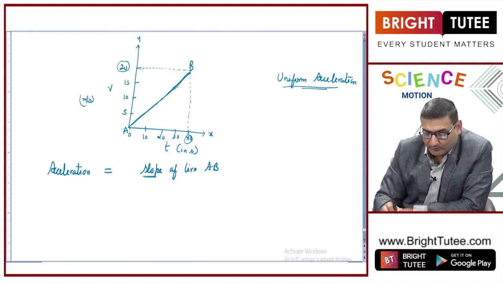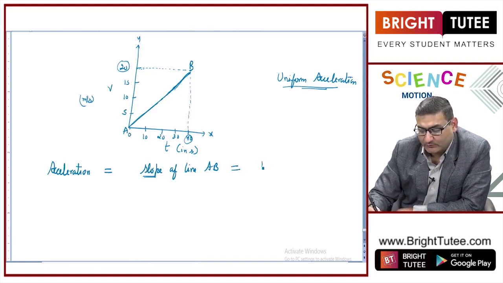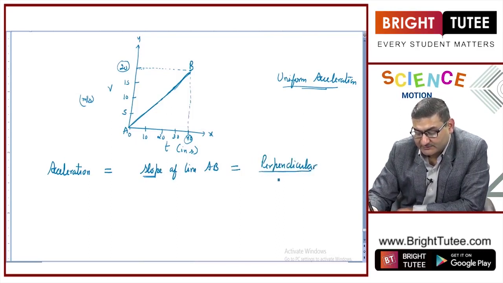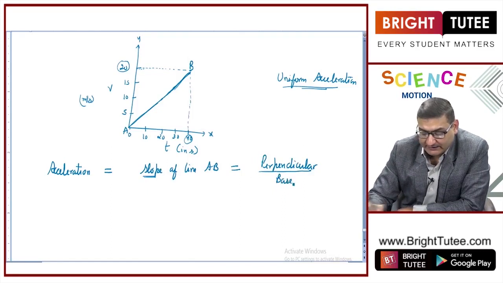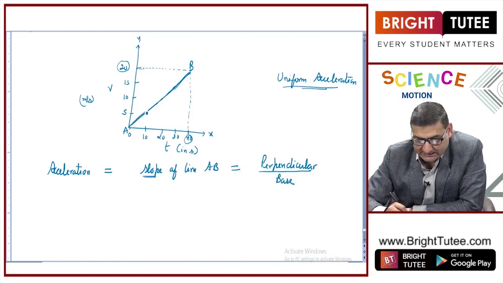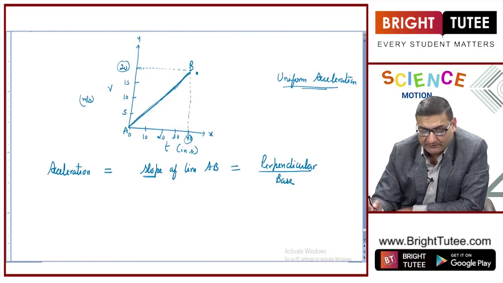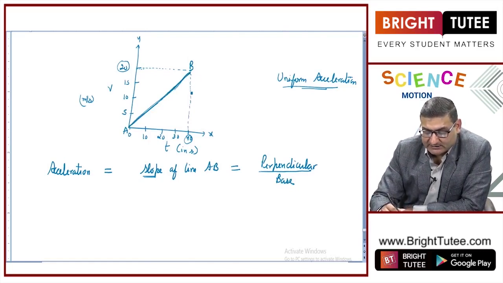Now the slope of line AB is calculated by this formula: perpendicular upon base. If I take this particular slope as the hypotenuse of a triangle, I have just constructed it by taking a perpendicular parallel to the y axis, and this is my base.